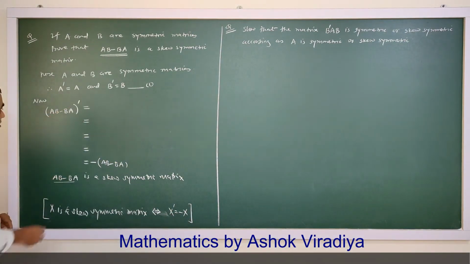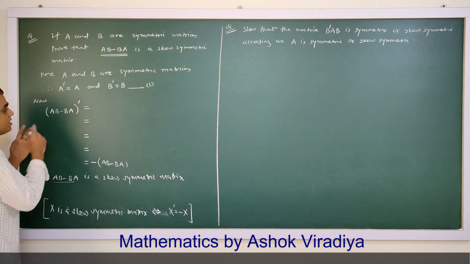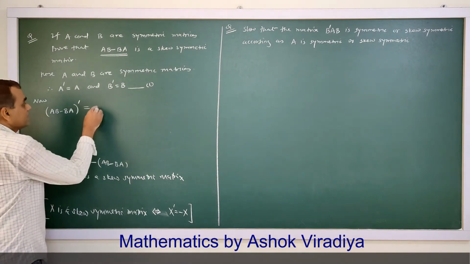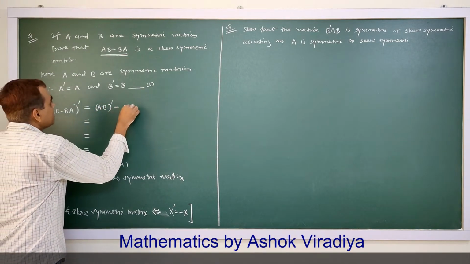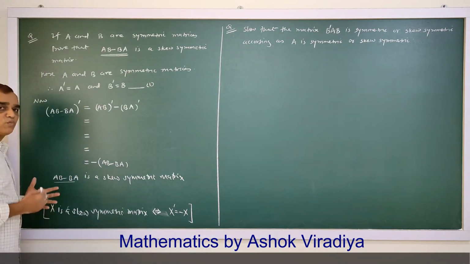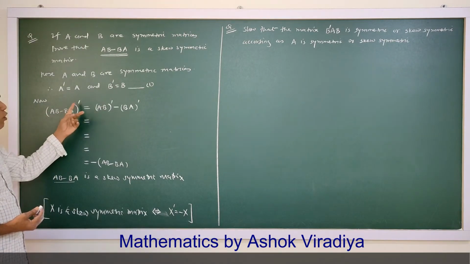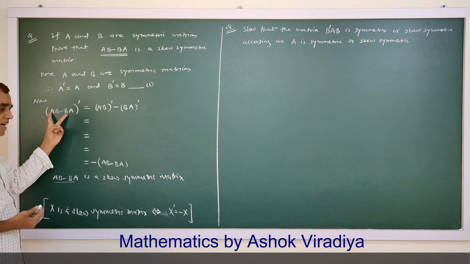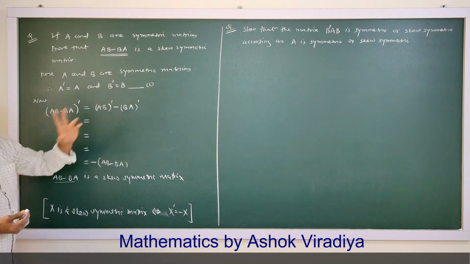Now here (EB minus EA) whole dash, this can be expressed as EB dash minus BA dash, because we have the property that transpose of (x minus y) is equal to transpose of x minus transpose of y.